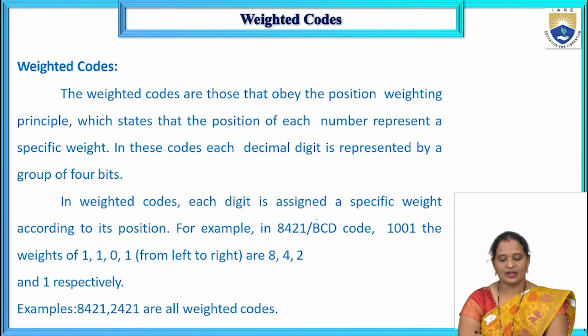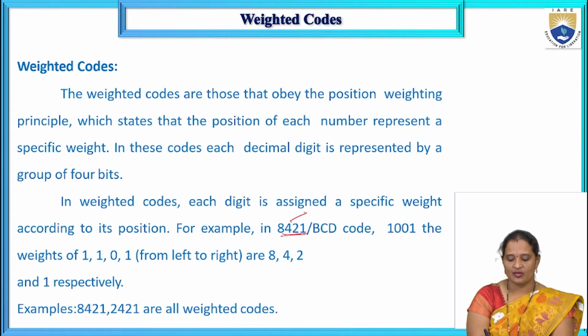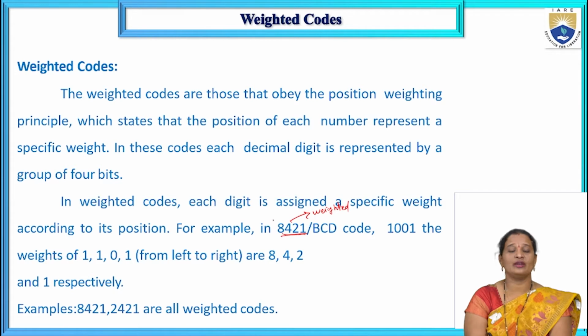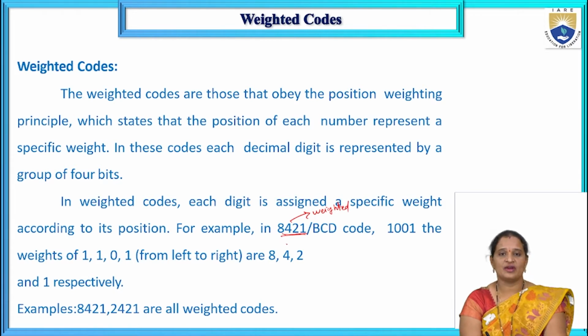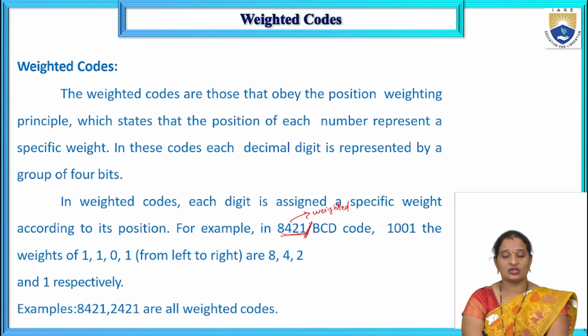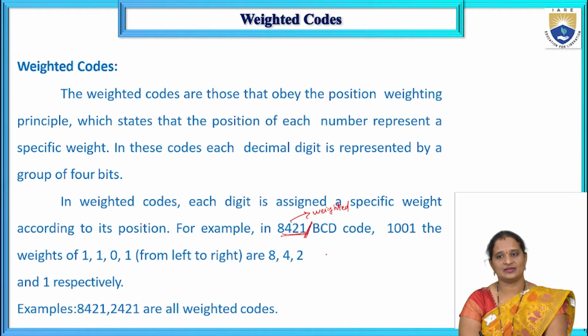For example, the 8421 code is a weighted code, where 8421 represents the weights of the corresponding bit positions. This 8421 code is also known as BCD code. What is BCD? Binary coded decimal.